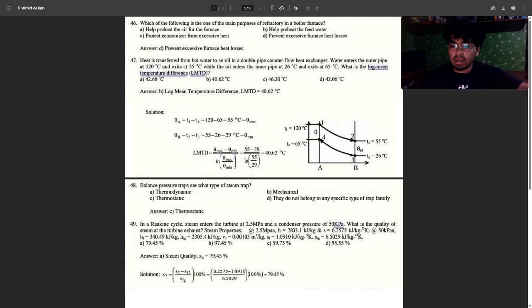Substitute: 55 minus 29 over Ln of 55 over 29. Simply solve sa calculator, ang answer na 40.62 degrees Celsius, which is letter B. So ang answer sa 47 is letter B.